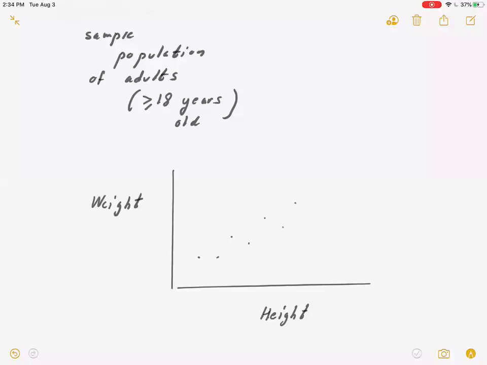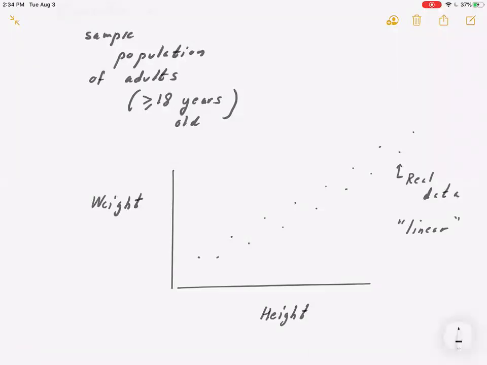Because you could have a person who's 6 feet and thin weighing less than someone who's 5'5", who's stocky or heavy set. But the general pattern of this data is going to look like that. So these are real data points. But it looks like the data has a linear behavior.